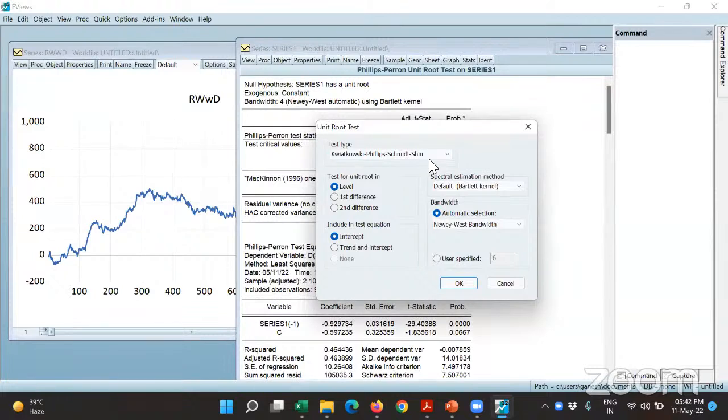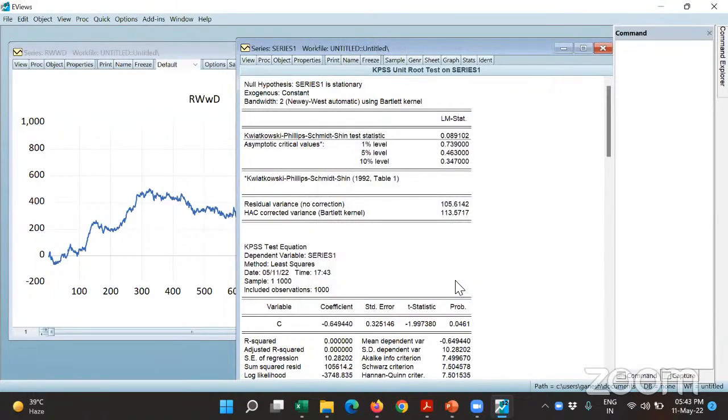So in the case of KPSS, you look for acceptance of the null hypothesis, while in the case of the other tests, ADF, Phillips-Perron, ERS and others, you look for rejection of the null hypothesis. In the case of KPSS as well, if we test for that, this is your LM statistic, and these are the cutoff values. At the 5% level, the cutoff value is 0.46.